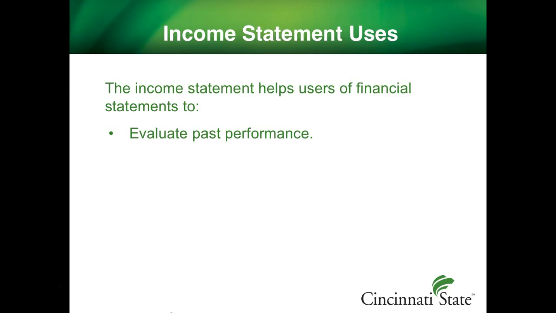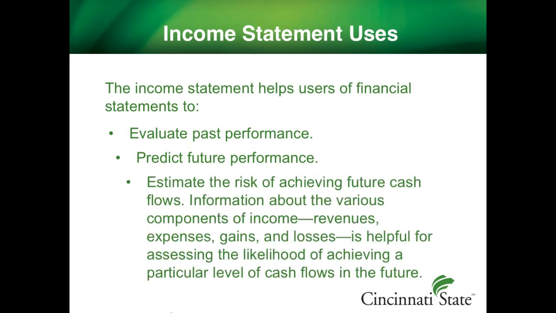We can predict future performance based on past performance, and we can determine the risk or uncertainty of achieving future cash flows. Information about the various components of income is helpful for assessing the likelihood of achieving a particular level of cash flows in the future. It would be a favorable sign if sales increased because they result from ongoing operations.